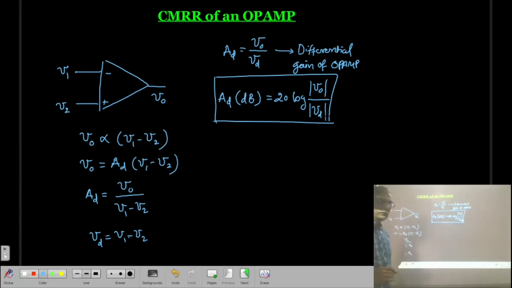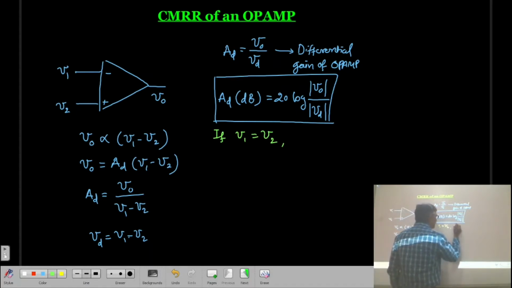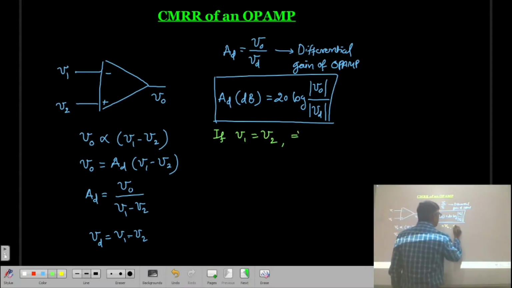Now look at this. If the input voltage V1 is equal to V2, then naturally the difference signal is going to be 0, and the output voltage is going to be 0.